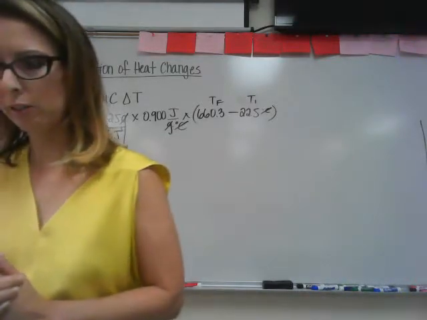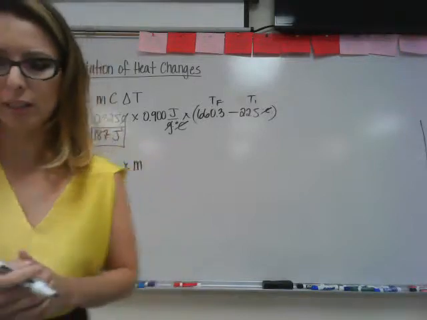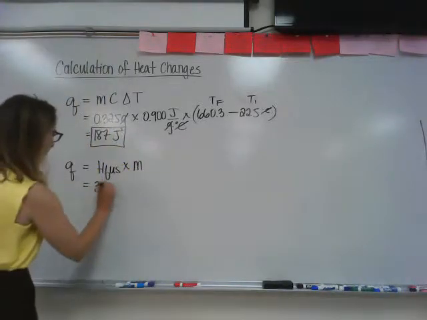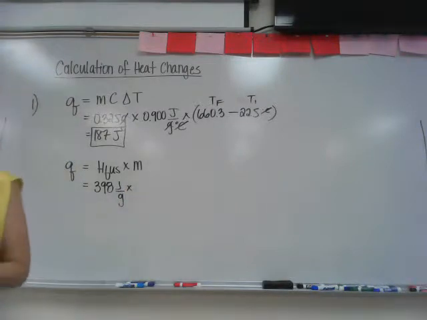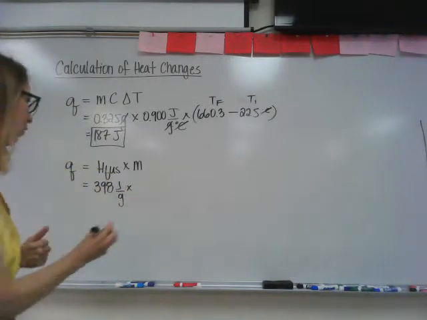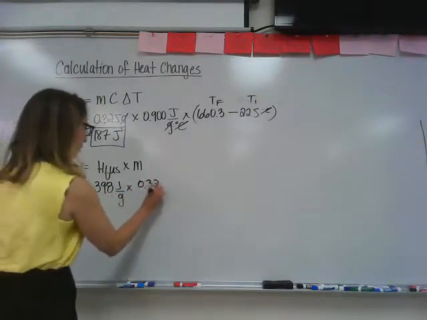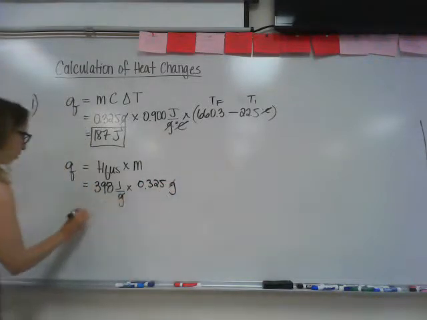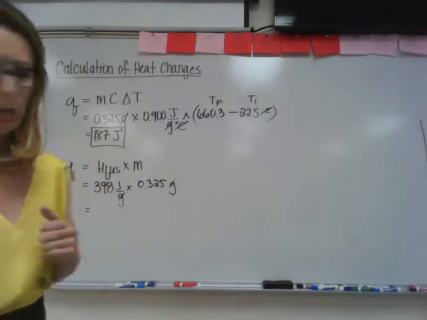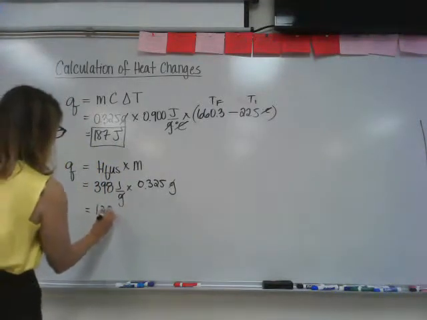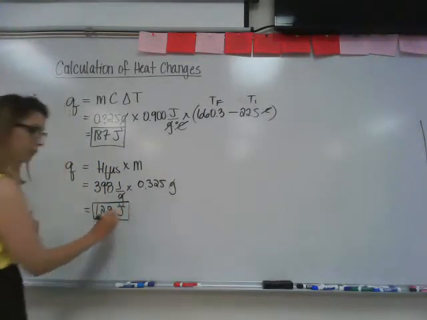Okay. They gave us the heat of fusion as 398 joules per gram. And then your mass is 0.325 grams. So these will cancel. I'm going to have 3 sig figs from that step. I got 129 joules. We all agree?